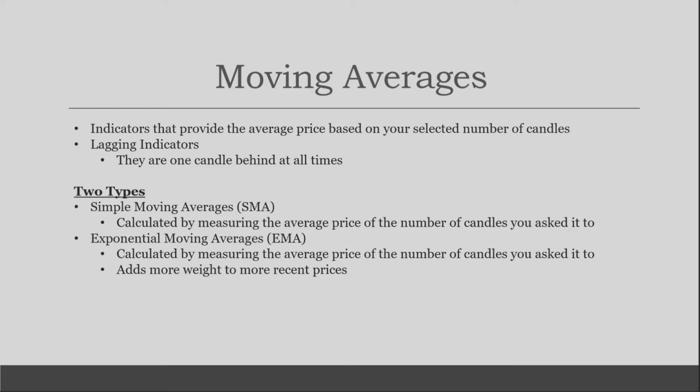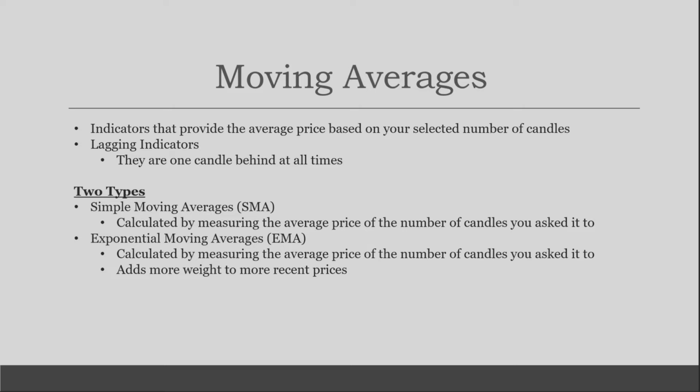The next type of market indicators are known as moving averages. Their main purpose is to provide the average price based on your selected number of candles. They are, however, known as lagging indicators, as they are 1 candle behind at all times. There are 2 main types of moving averages.